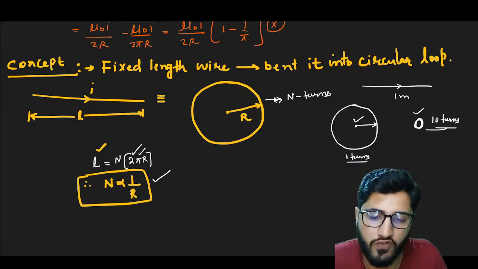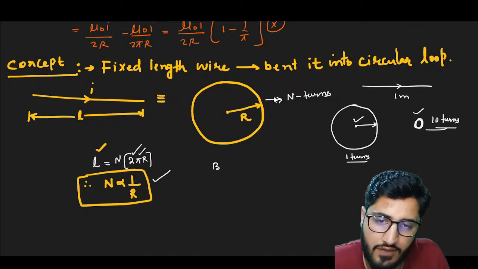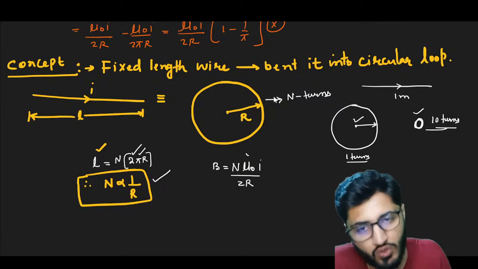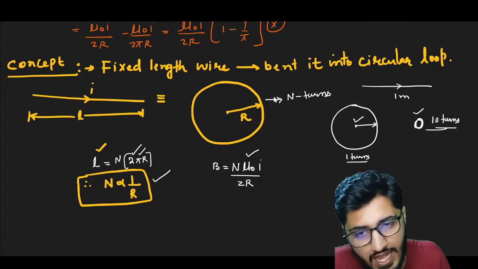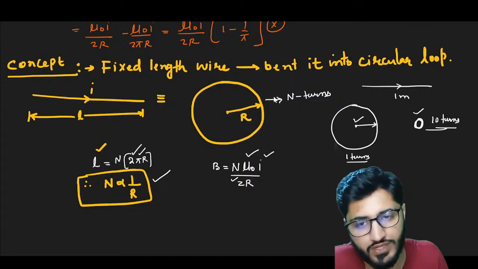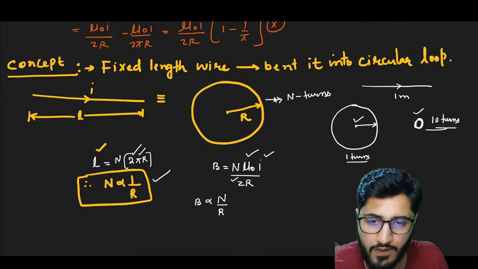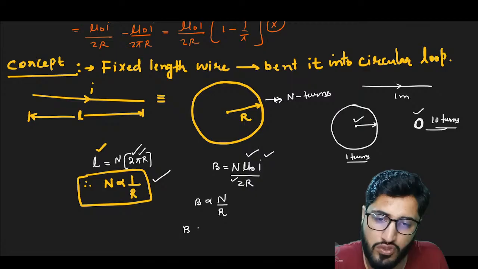So if you need to find the magnetic field at the center, for a circle it is n times mu naught I divided by 2R. Okay, sir. Mu naught is constant, I is constant, 2 is constant. So can I write now B is proportional to n divided by R? So B is proportional to n. What is R?